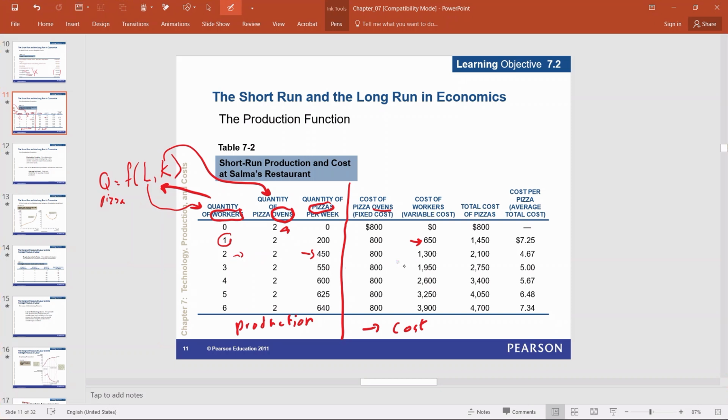So they will pay for both workers, 650 plus 650 is 1,300. So as you increase production, you need to hire more labor, and you will pay an additional 650 as you increase production until you get to the level of 650 for 40, and the firm pays 3,900.